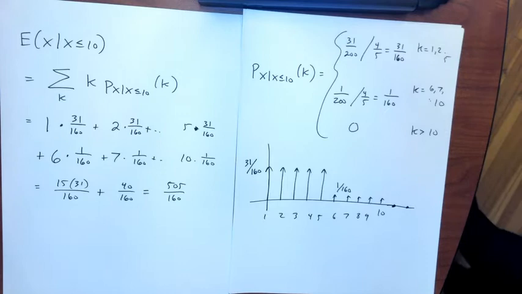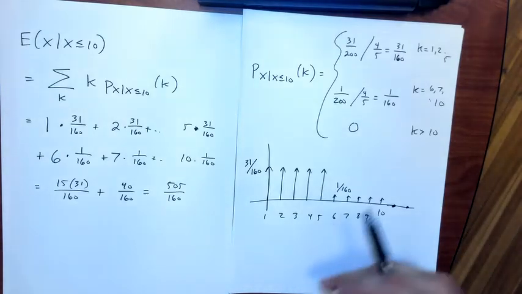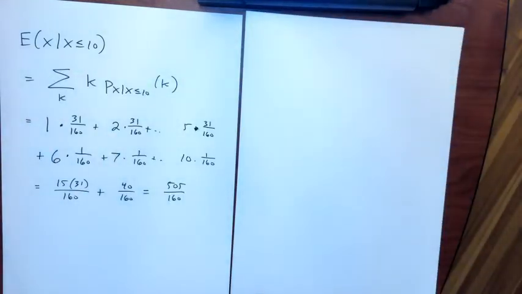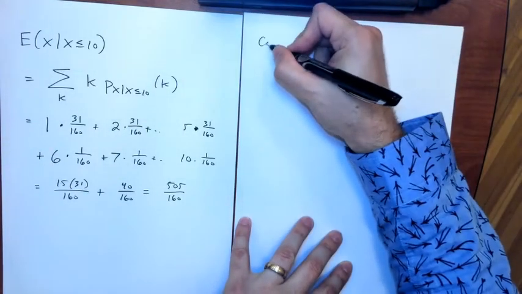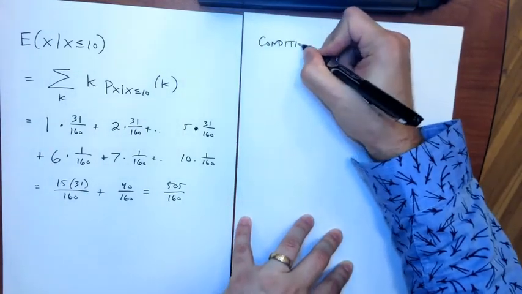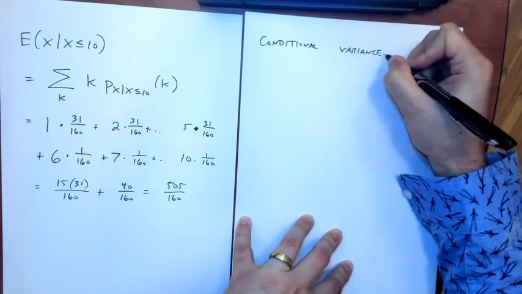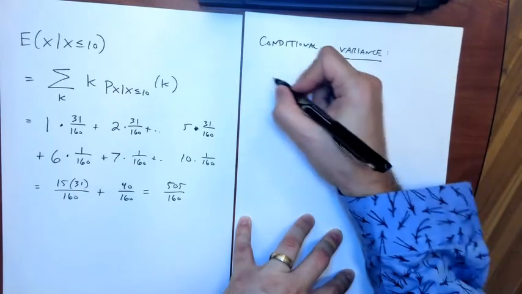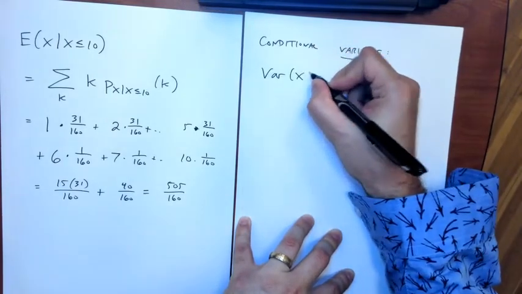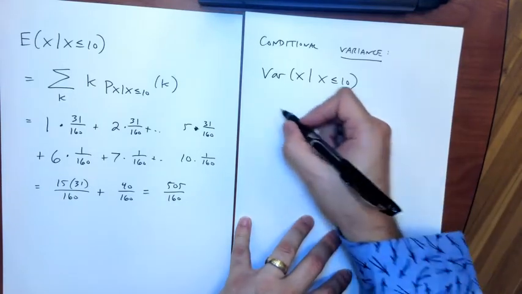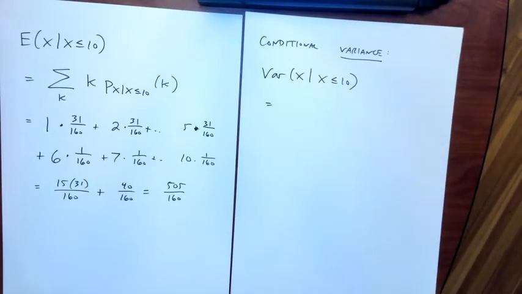Now suppose I wanted to compute the variance, okay? So we talked about variance last time also. So what would the conditional variance be? We could talk about that also. For example, the variance of x given that x is less than or equal to 10. Well, again, same idea, right?